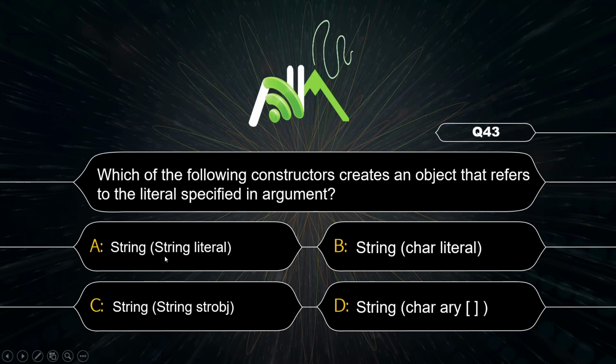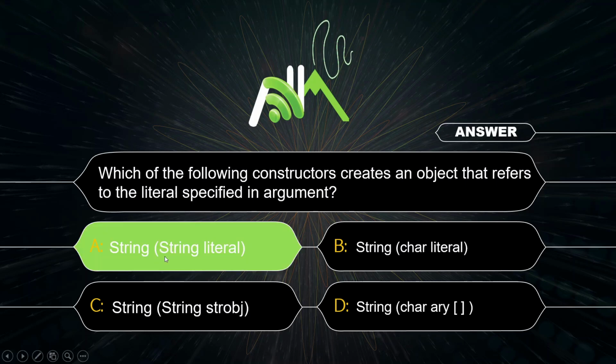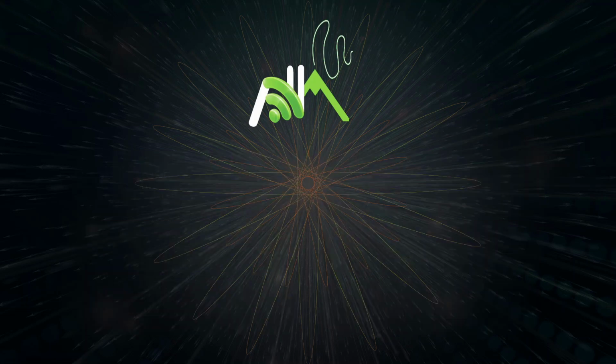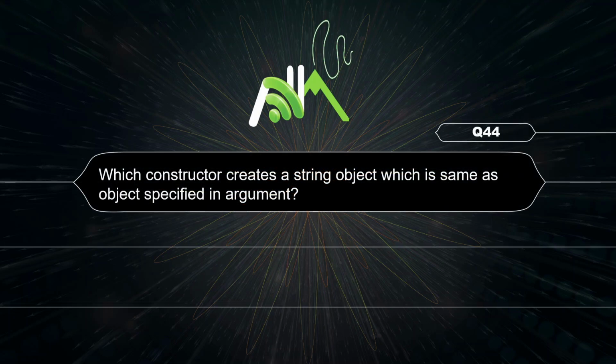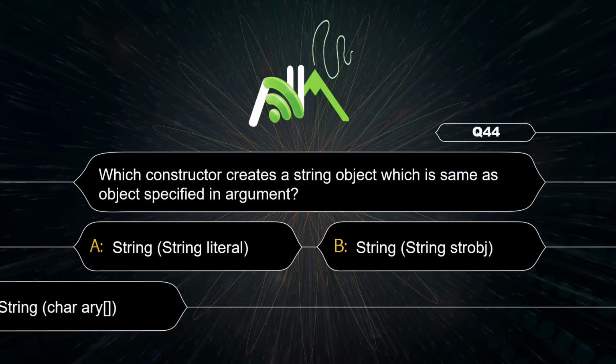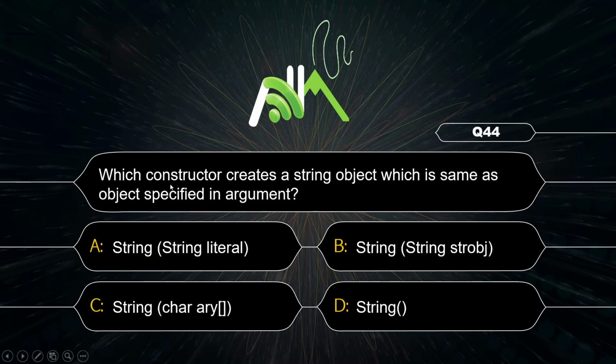So here option A is correct. Here we have to see the constructor that creates a string object which is the same as the object specified. So here B with the str object is correct.